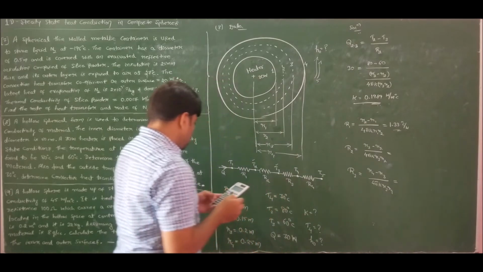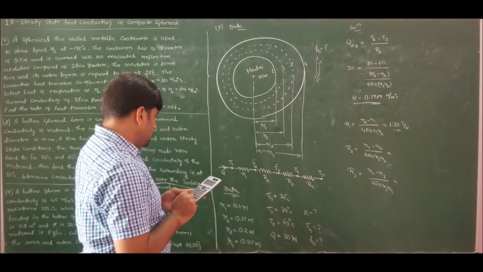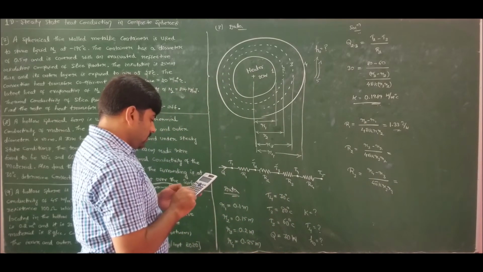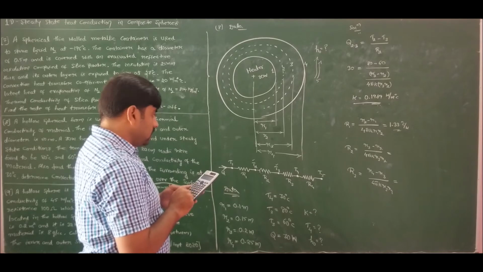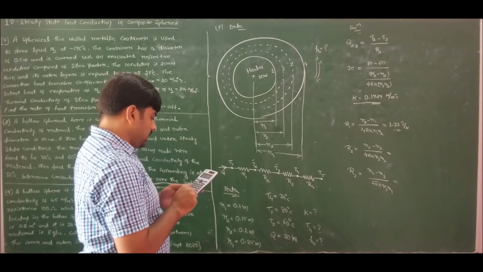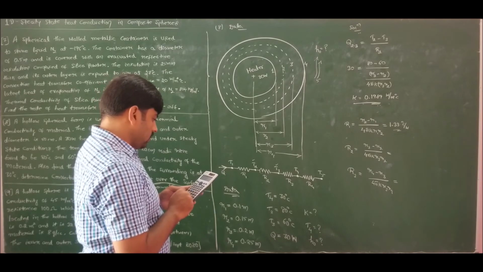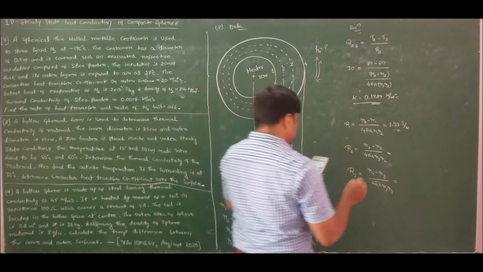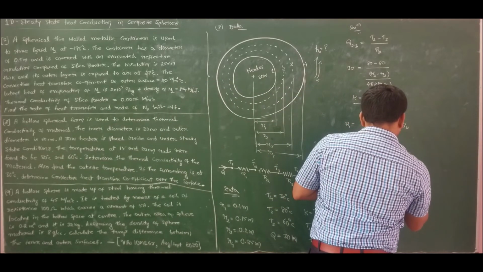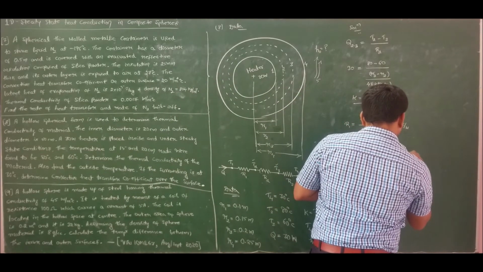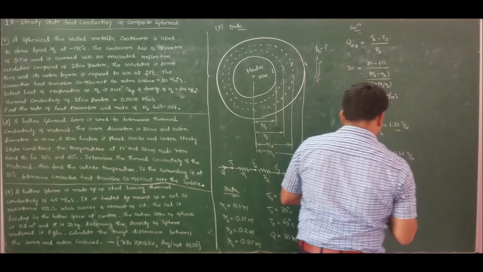So here I will get R3 = (0.2 − R2 = 0.15) / (4π × k = 0.1989 × R3 = 0.2 × R2 = 0.15), which is 0.67 degrees Celsius per watt.